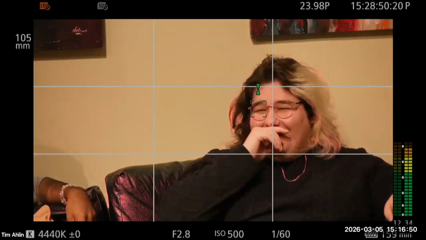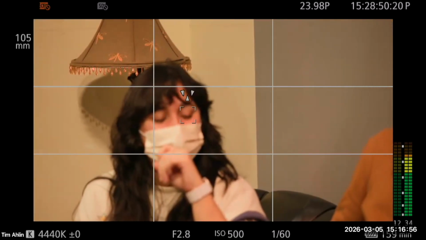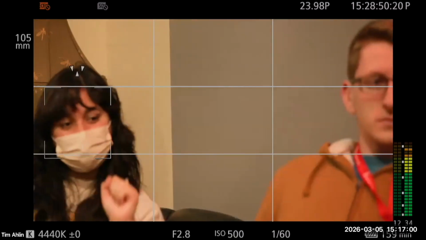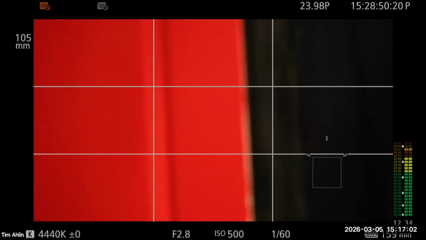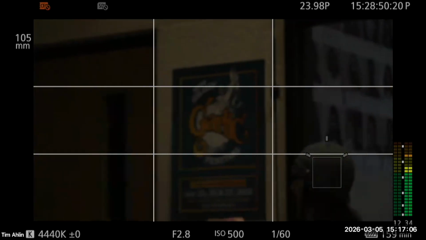I want you to frame the garlic sign. You're not allowed to move the camera. You can pan. Oh, you can't. I'll try my best. Frame that. That is your subject.